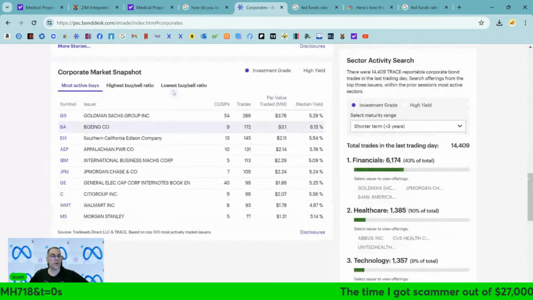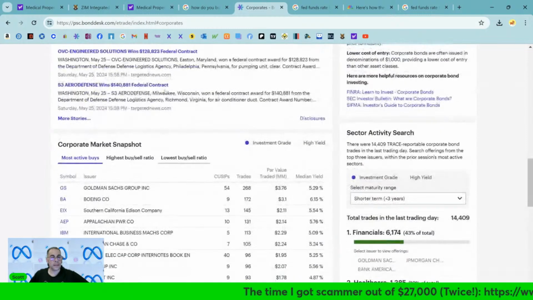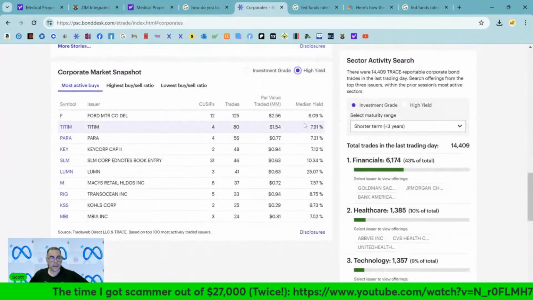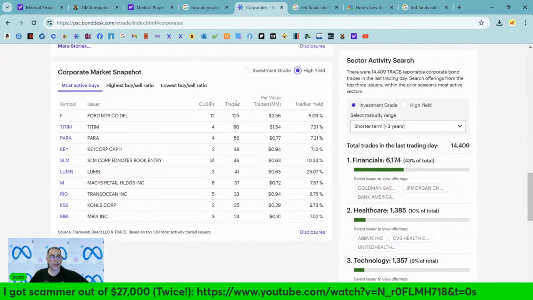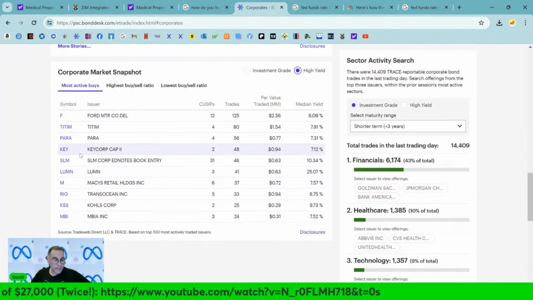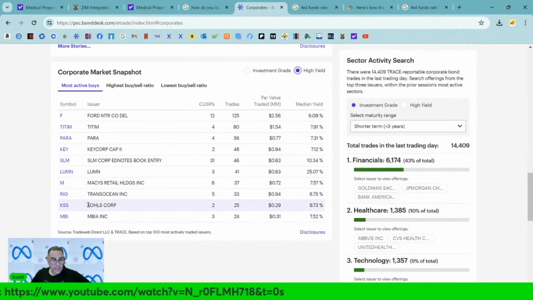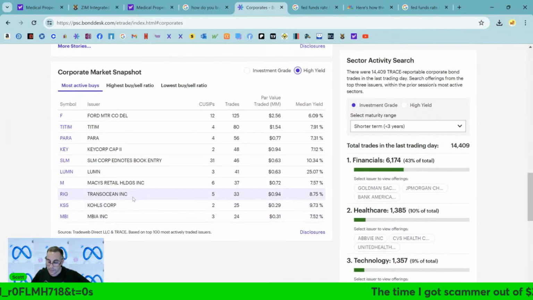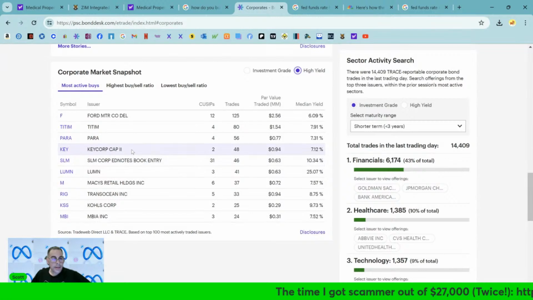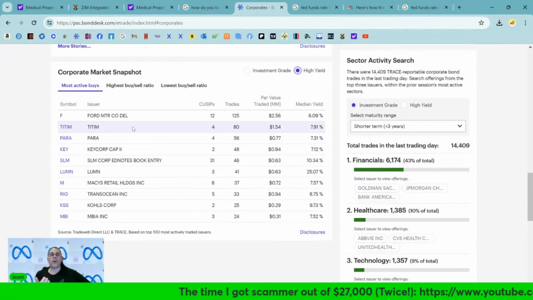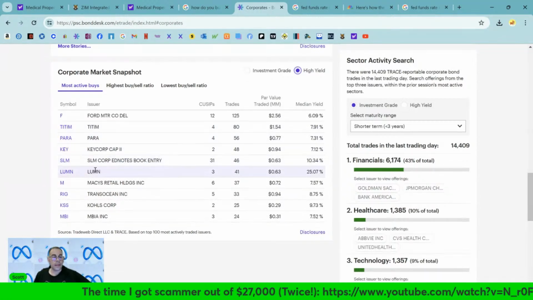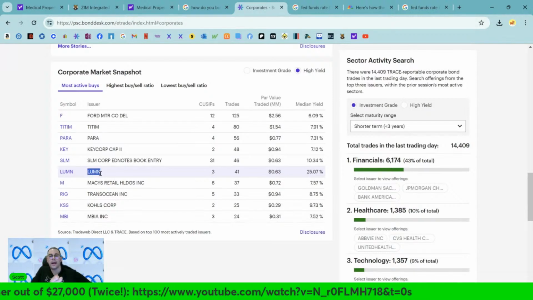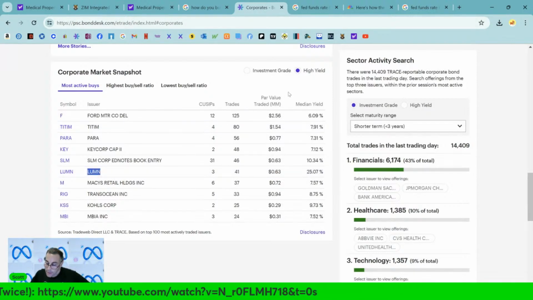Okay, here's corporate bonds. Okay, here's what that guy was talking about. MBIA. I used to work at a company similar to MBIA. So corporations, look at it, Lumen, 25%. That's a telecom company who uses old software.